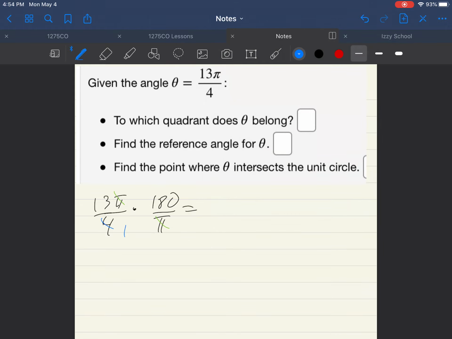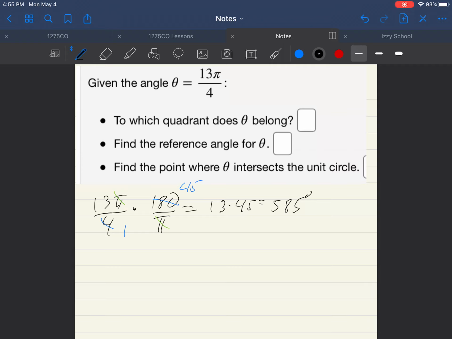Divide by 4 to get 13 on top times 45, and this is going to equal 585 degrees. Right, so 585 is an angle measure that is larger than 360 degrees.